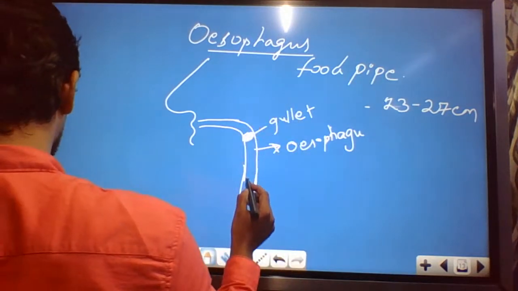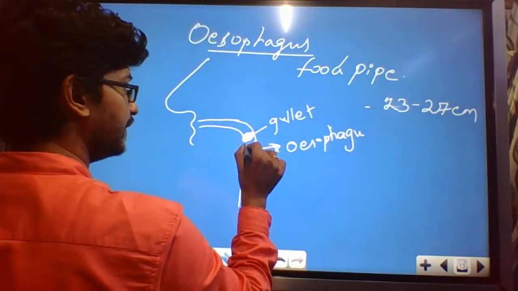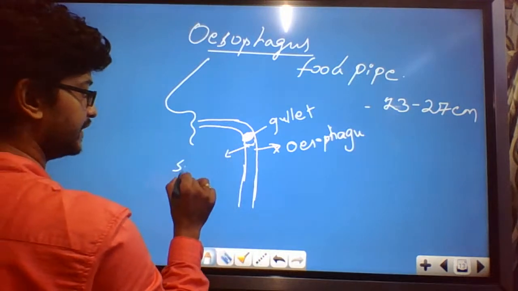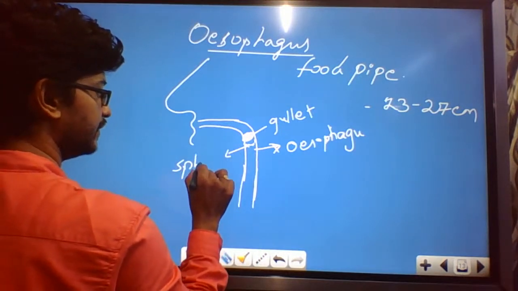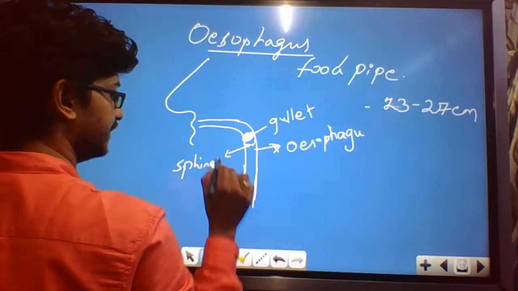And here we have something called sphincter muscles. These are the type of muscles in the esophageal region.